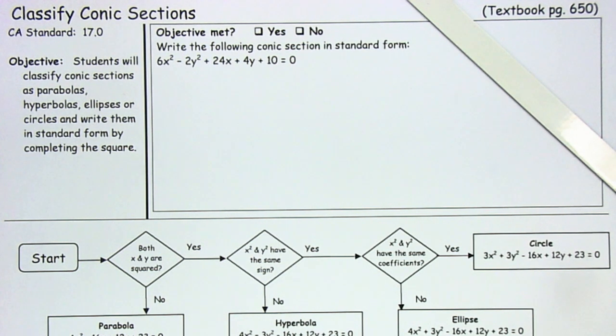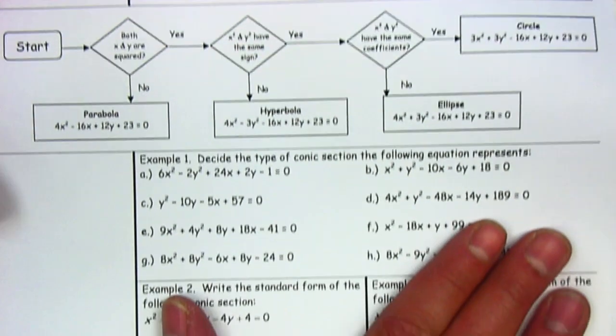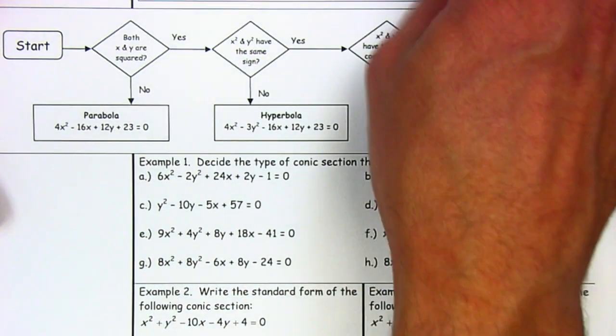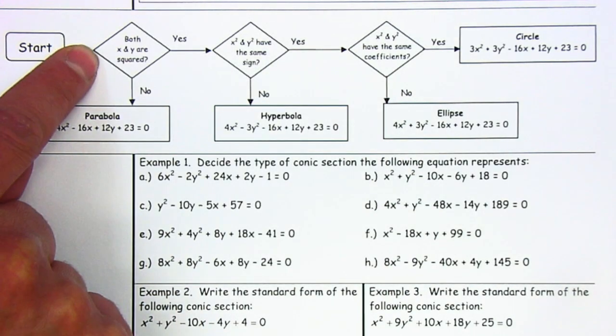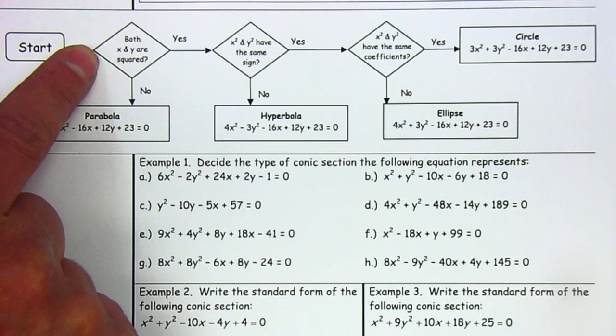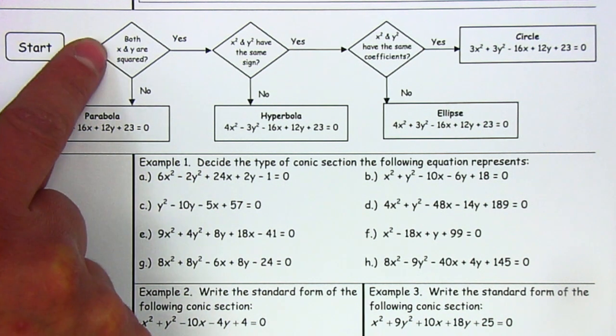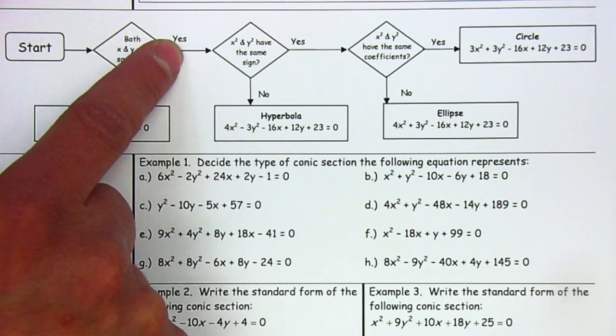So we're going to be using this flowchart to determine what type of shape we are dealing with. We're going to start here, and each diamond is a decision that you need to make. That'll be a question. So let's start. If both x and y are squared, you continue to the next question.